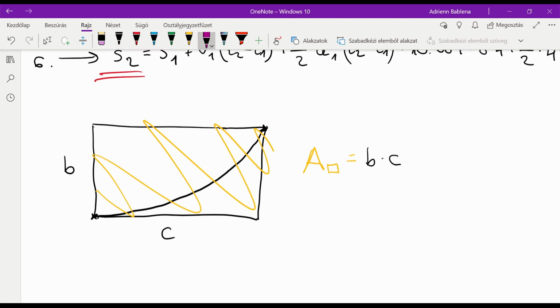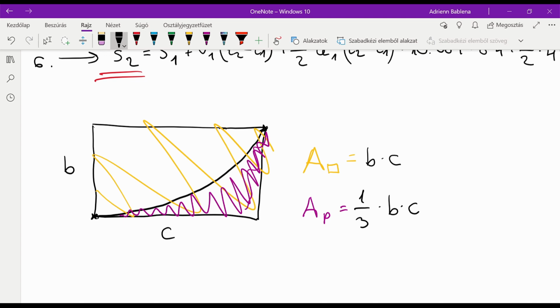So the area under this parabola is one third of the area of the rectangle.